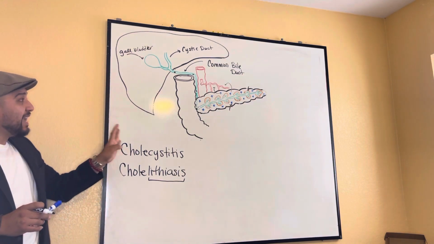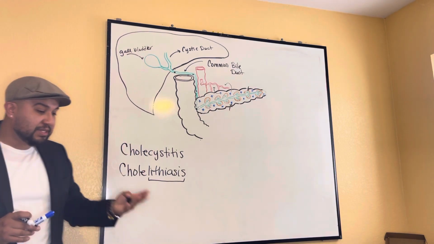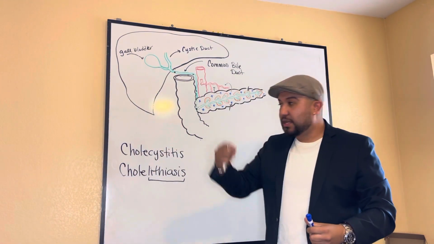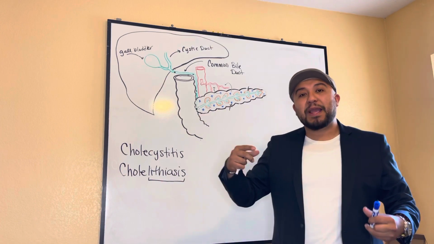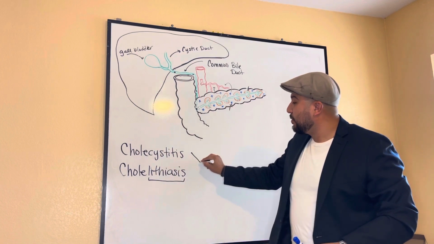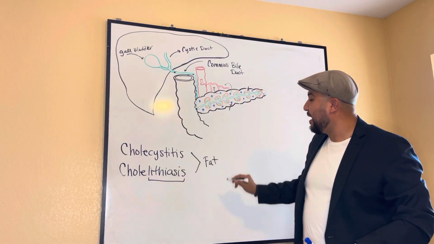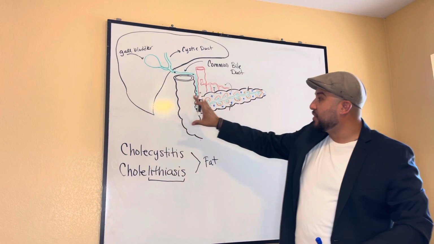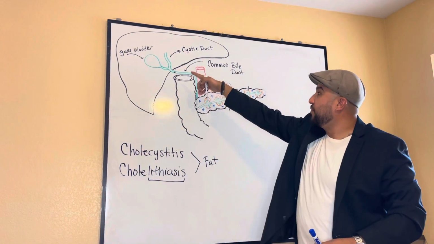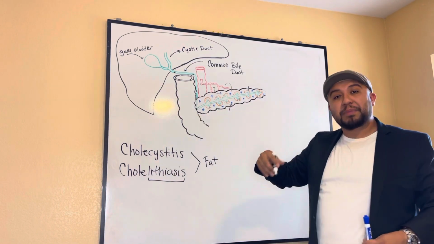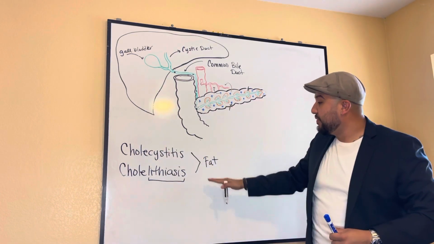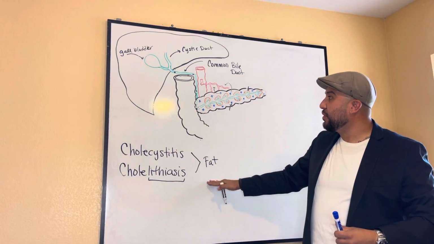Now, to diagnose these conditions, when somebody comes in, your assessment is going to include nausea and vomiting, especially postprandially, meaning after meals, in particular with anything that contains fat, because fat stimulates the release of cholecystokinin, which causes the excretion of bile from those ducts into the duodenum. So the patient will verbalize an increase in pain whenever they consume elements that contain fat.